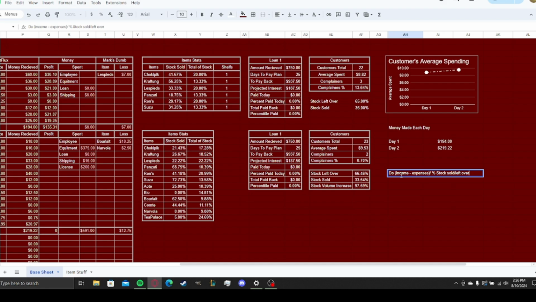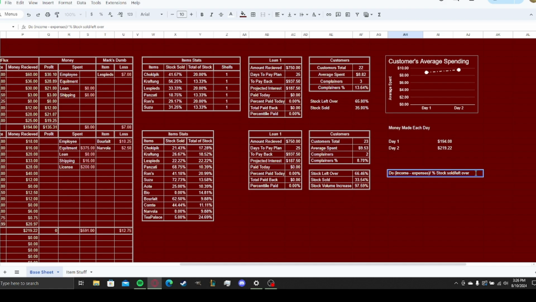So if you don't read math, this is a verbally written out math problem, which is just going to help me when I come back and do this. It's basically saying that if I take the income minus expenses, I will get one number. I think if I put that number over the stock sold and stock left, that I will have two numbers, and with those two numbers, I can use those to project the estimated profits.